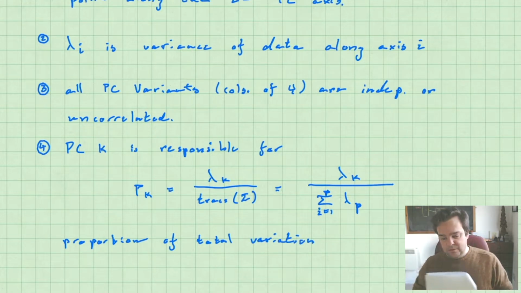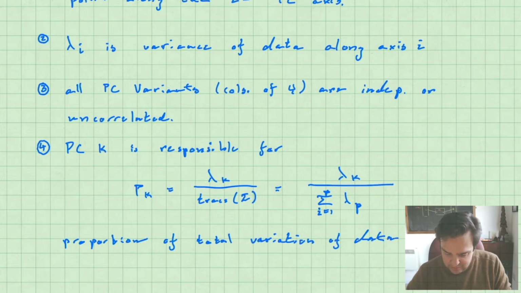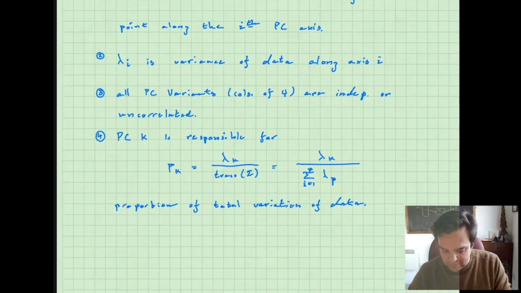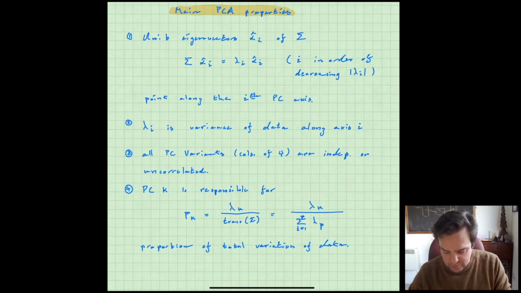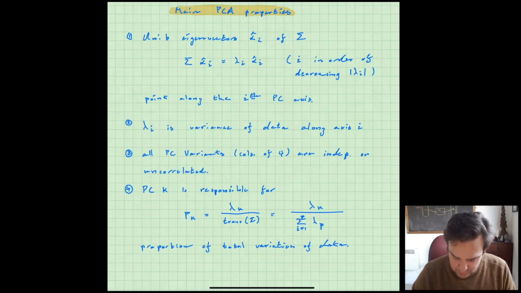And I hope that it's clear to you why this is useful, that little result, because it means that if you wanted to start throwing out different principal component axes, you would know exactly how much you're losing. So I'm going to put a box around this because it's pretty important.